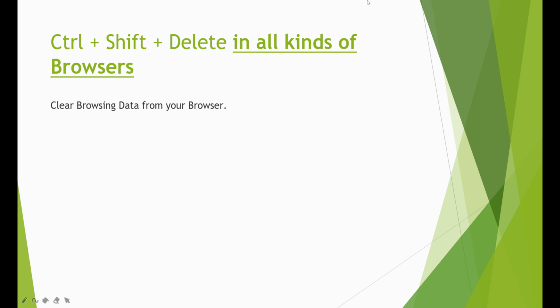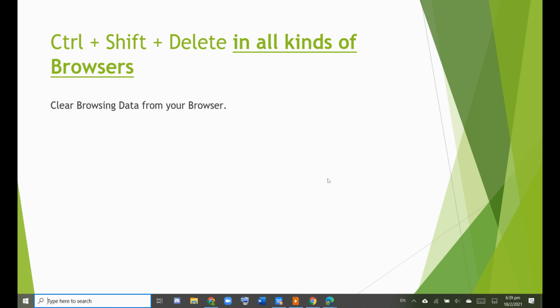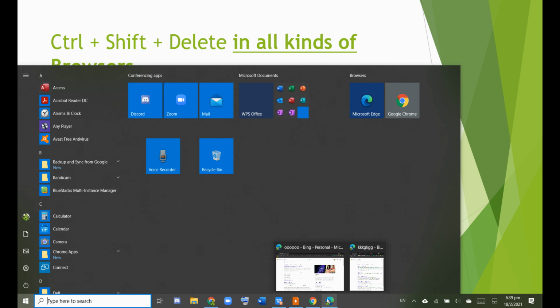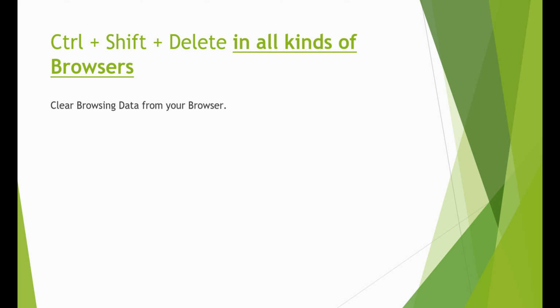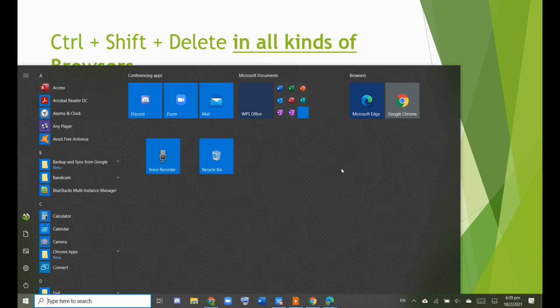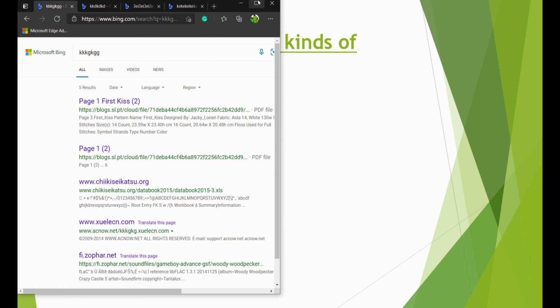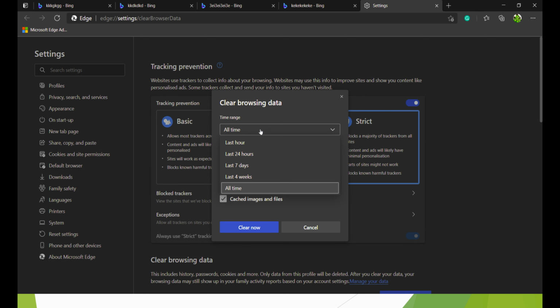Control Shift plus Delete in all kinds of browsers is to clear browsing data from your browser. So over here, Control Shift plus Delete is to clear all your browser data. You can choose your time range.